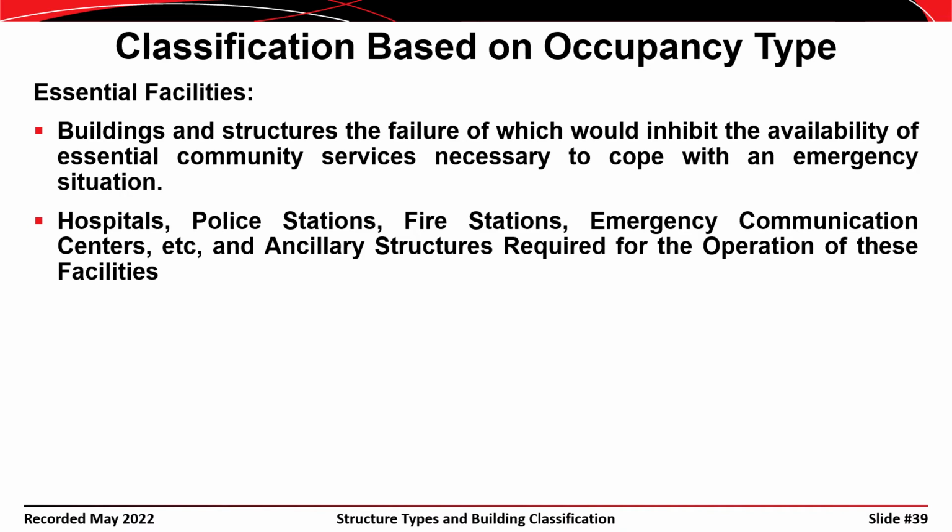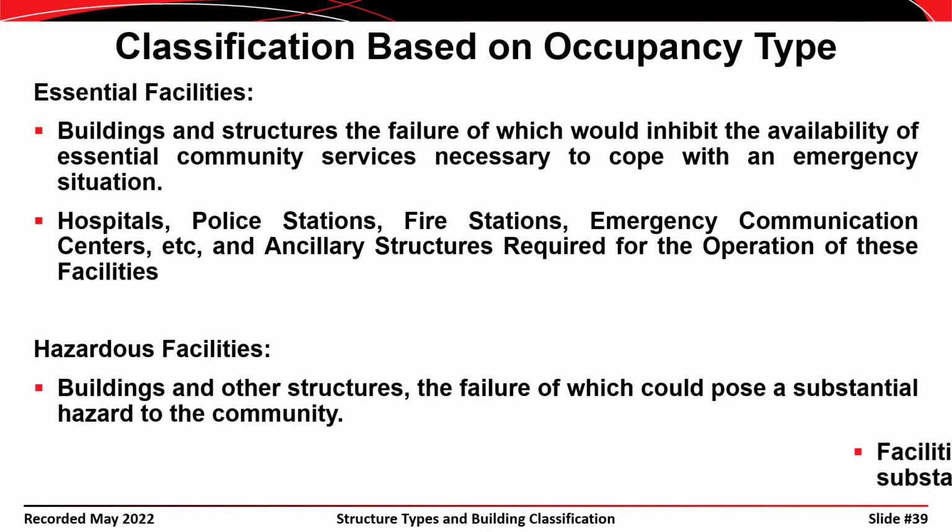So the idea is that if there's an earthquake in an area, firemen are going to need to respond, so they wouldn't want the fire halls to all collapse during the earthquake. Ambulances are going to take people to hospitals, so you want to make sure that the hospitals are in service immediately after the earthquake. So when we design these types of structures, they have different design criteria.